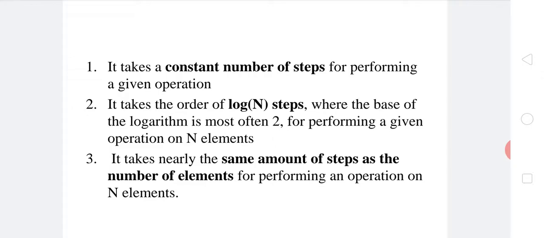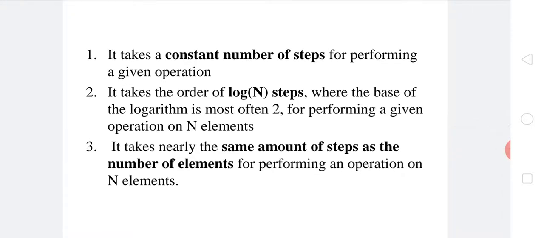For performing a given operation on n elements, for example, if n is equal to 1 lakh, an algorithm with a complexity O of log n would do about 20 steps with a constant precision, since the base of the logarithm is not of vital importance for the order of the operation count. It is usually omitted.